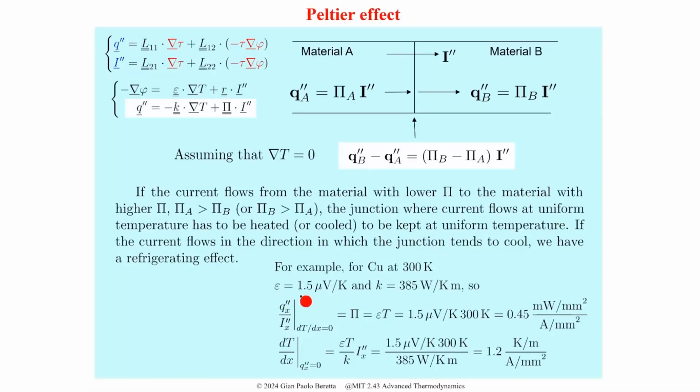Copper has a Seebeck coefficient of 1.5 microvolt per Kelvin against a very high conductivity K. And so the Peltier coefficient, which would mean, in this case, if I have 1 millimeter cross section of my wire, and I run 1 ampere into it, and suppose I have on the other side an ideal material that has 0 Peltier, and so the difference is only that of copper, I would be able to generate half of a milliwatt per ampere.